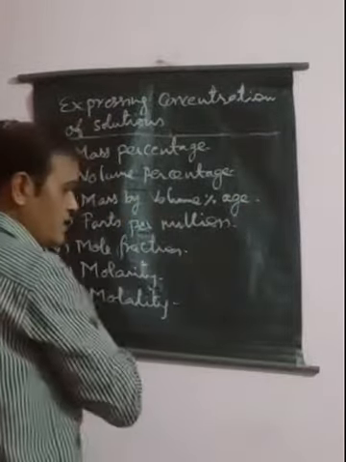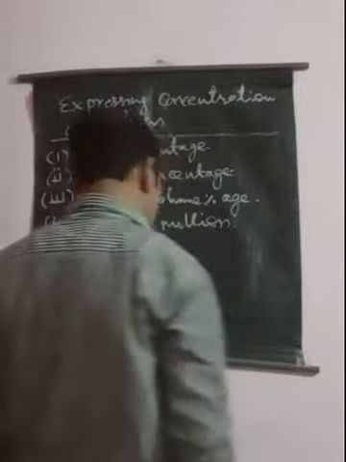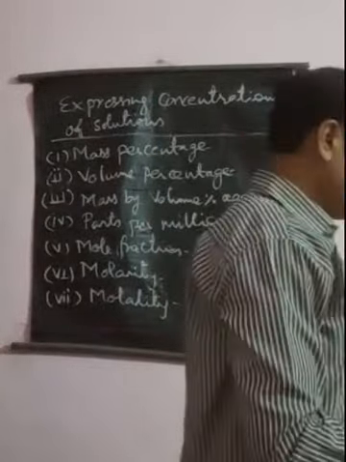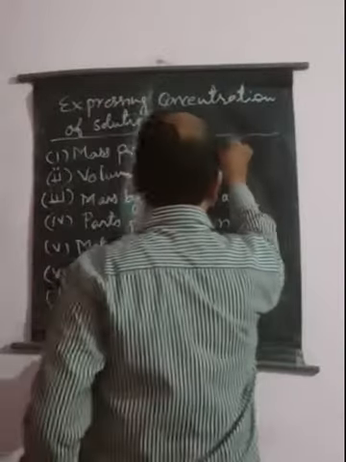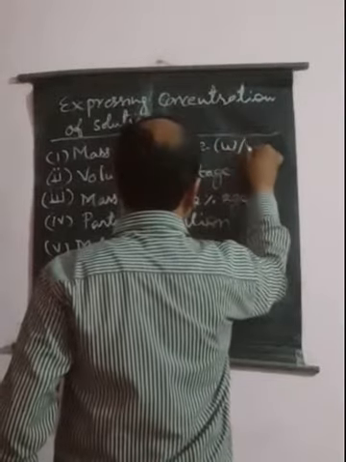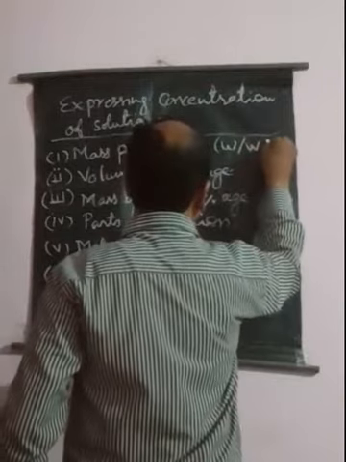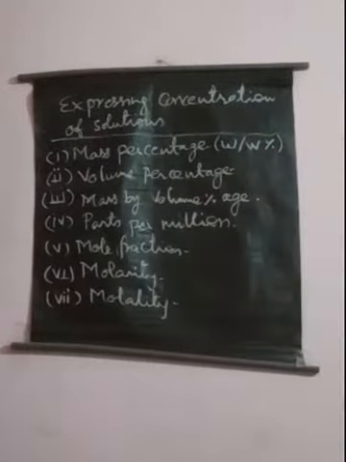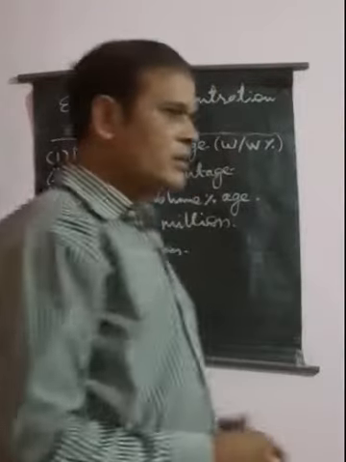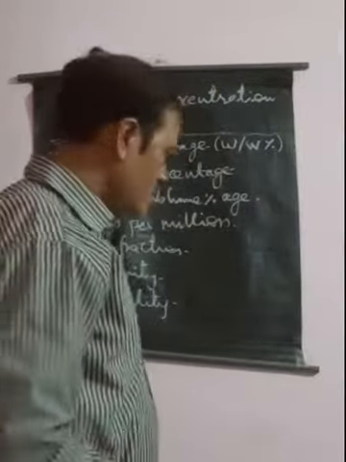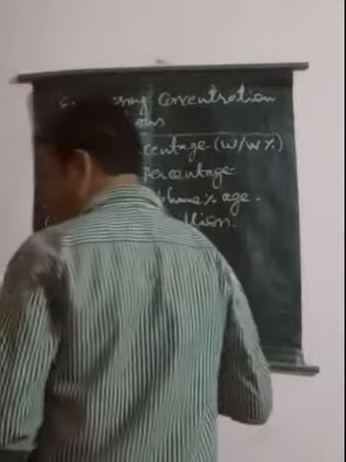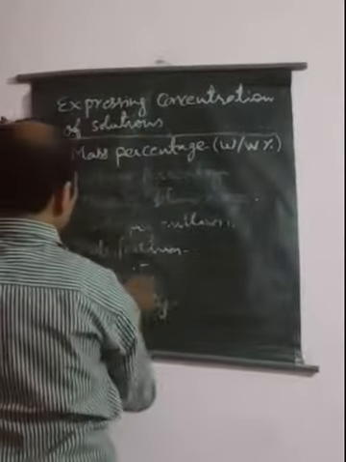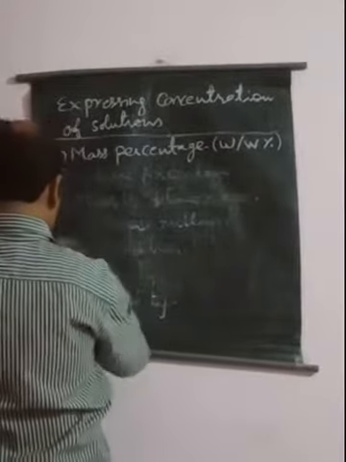First of all, I am taking here mass percentage. Under mass percentage, it is denoted by the symbol w by W percentage. Now the question is, how can we define mass percentage?